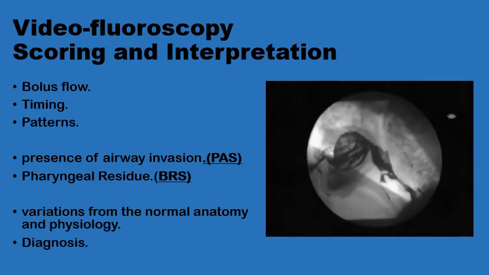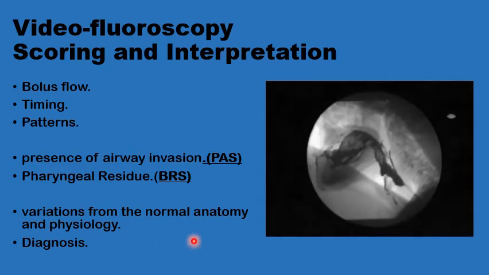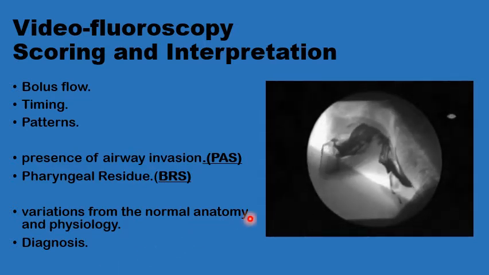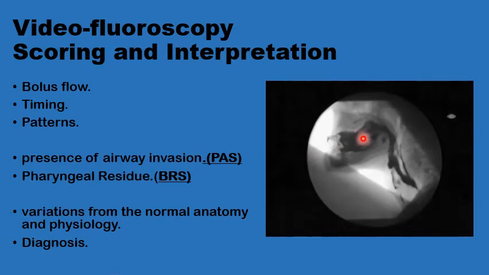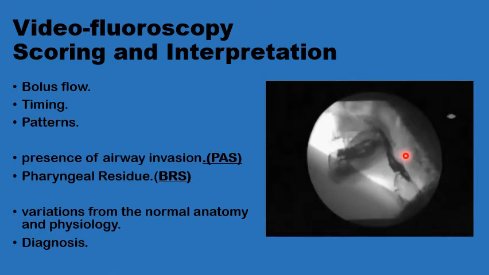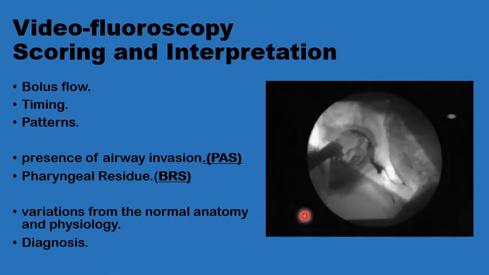The amount of information provided by video fluoroscopy is enormous and covers the flow of the radiopaque bolus, the timing, the patterns of failure or disorders during the swallowing act, any regurgitation up the nose or any spillover in the larynx.